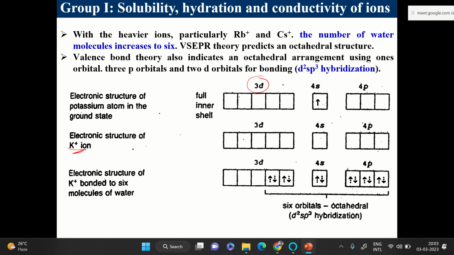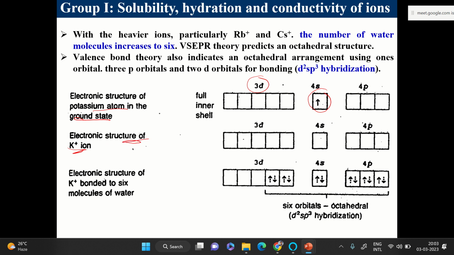This is the electronic structure of potassium in the ground state. You have 4s1, and then the K plus electronic structure.